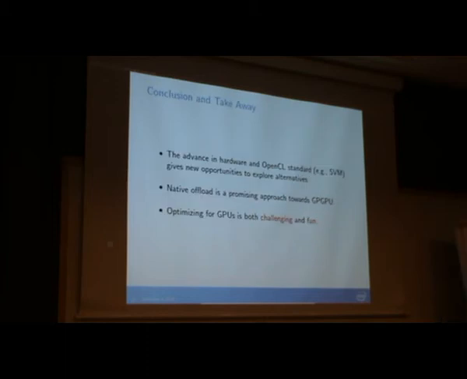So the conclusion is that advancing hardware gives new opportunity to explore alternatives, like what we did here due to the recent support for shared virtual memory. And we hope to show that native offload is a viable approach, and optimization for GPUs is both challenging and fun.